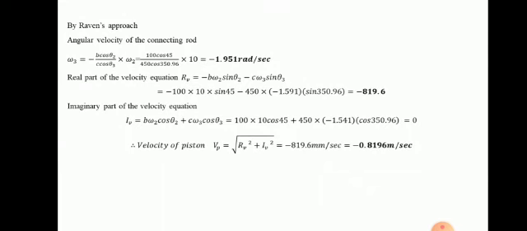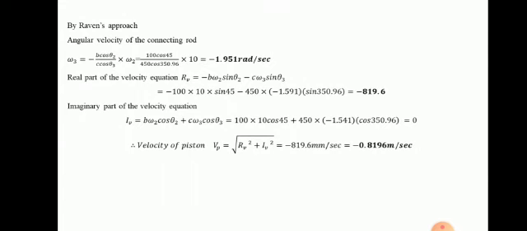By Raven's approach, the real part of the velocity equation RV is equal to minus B omega 2 sin theta 2 minus C omega 3 sin theta 3, which is minus 100 into 10 sin 45 minus 450 into minus 1.951 into sin 350.96, equal to minus 819.6.